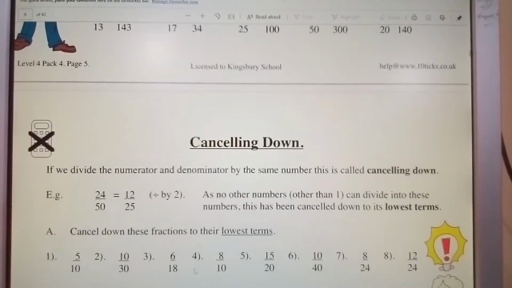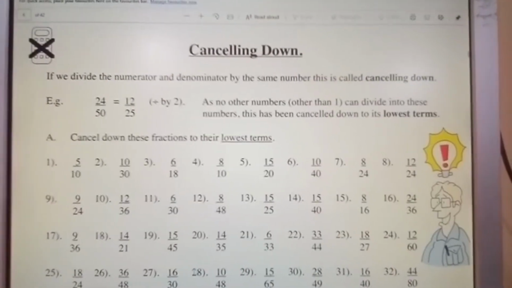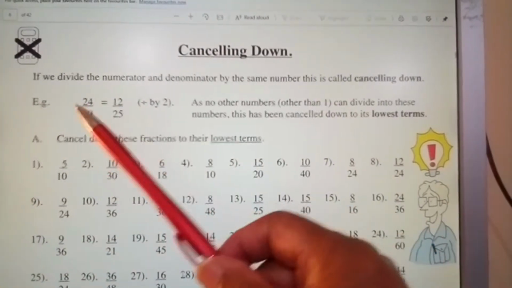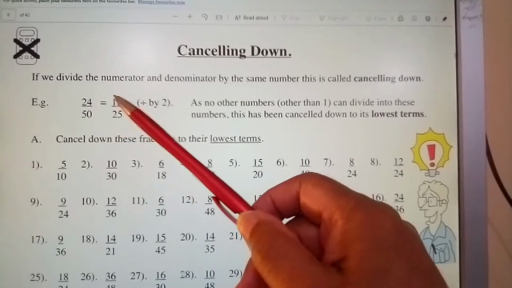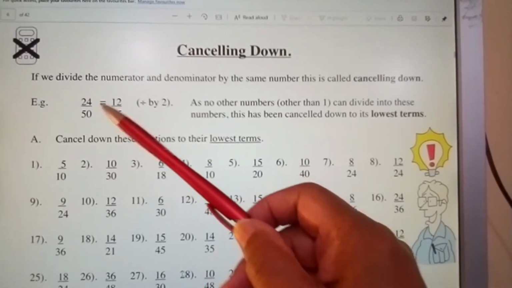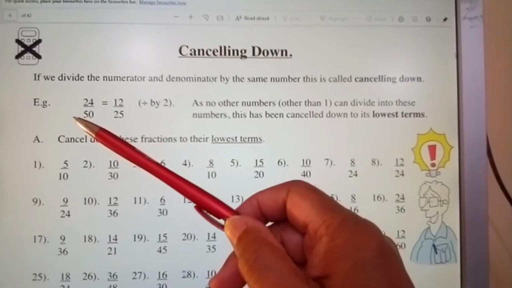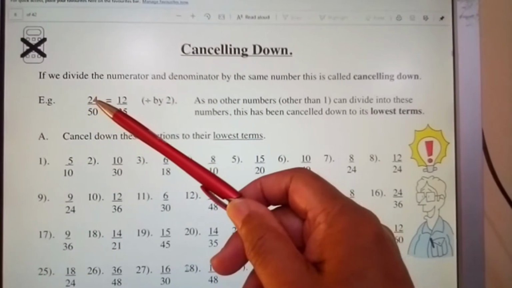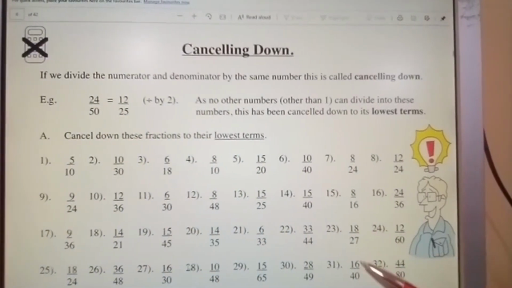Okay, here we are, and here we have simply cancelling down. Now, if we're cancelling down, what we're looking at, if we have 24 over 50, for instance, equal 12 over 25, what did we divide by? We have divided by 2, okay? So when you're cancelling down, you're looking for a number that will go into the top and bottom half of your initial equation, okay?